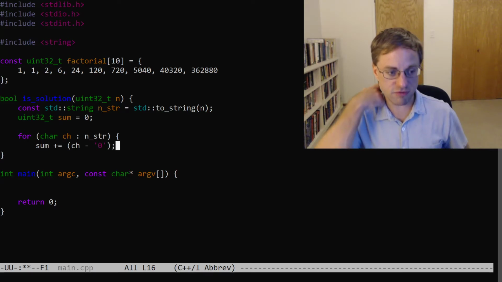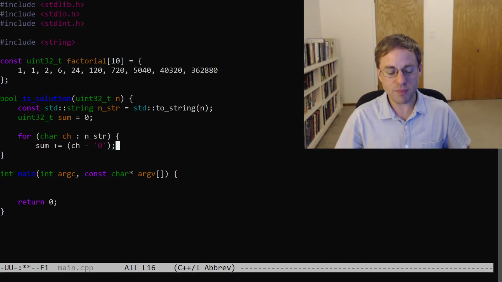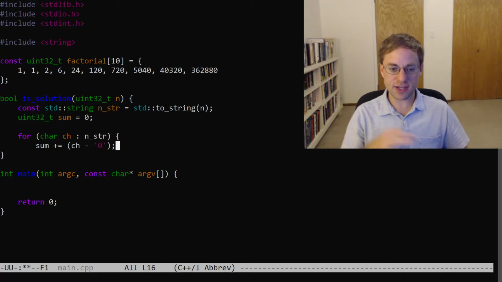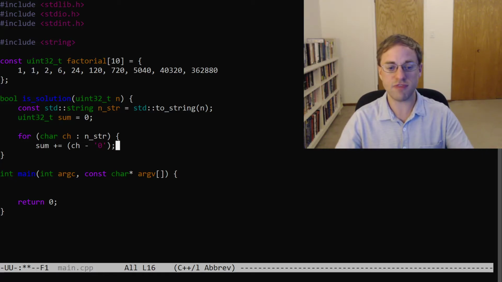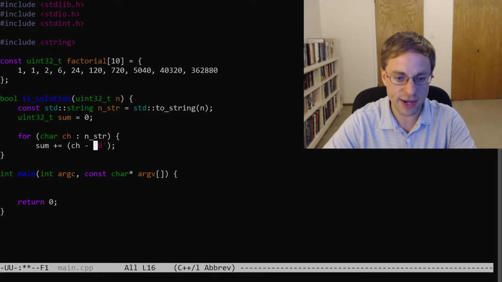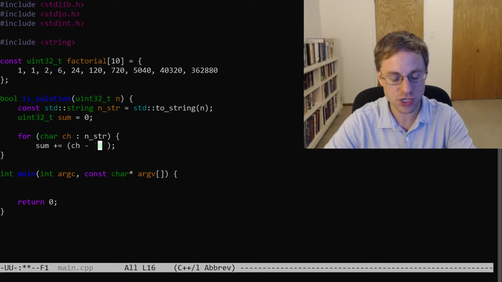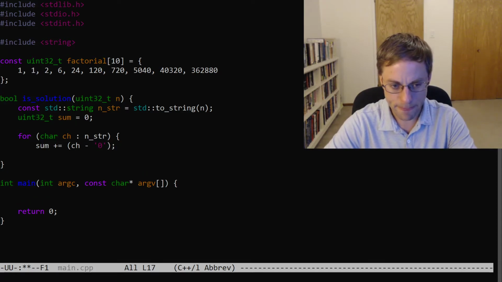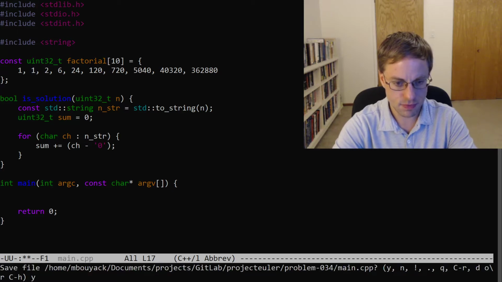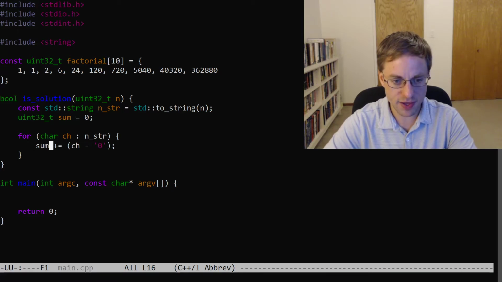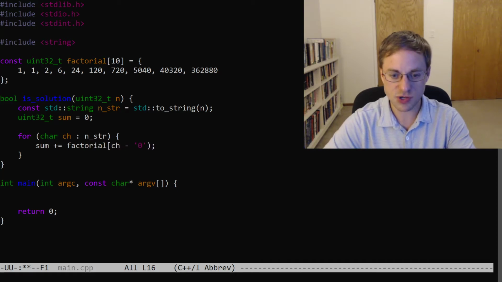So this is just converting from characters representing digits to the integer value. This is the '0' character. Oh, excuse me. I'm going to have to take the factorial of that.